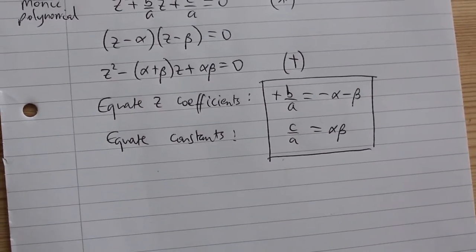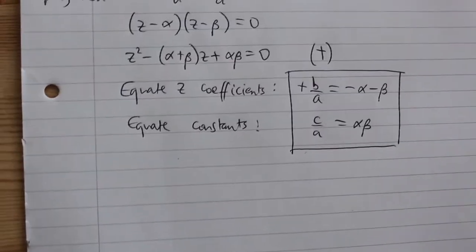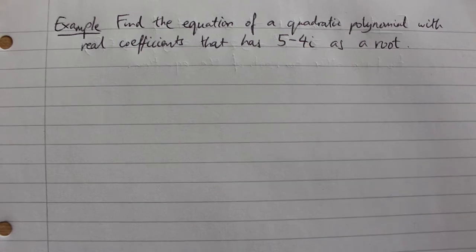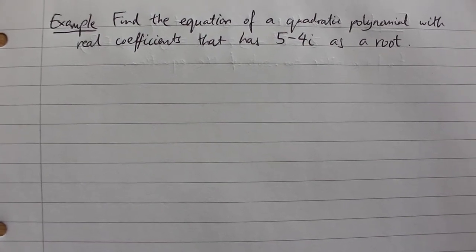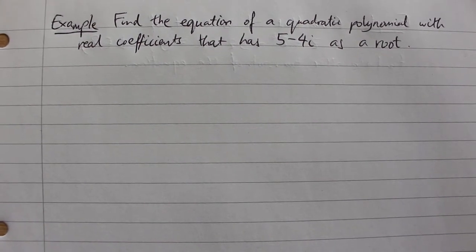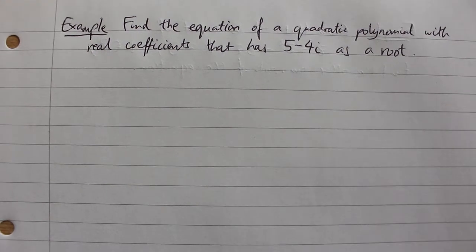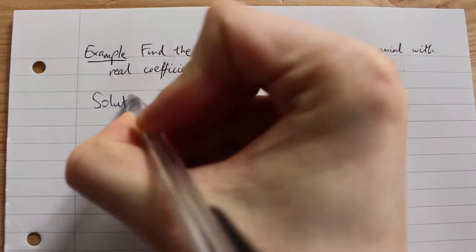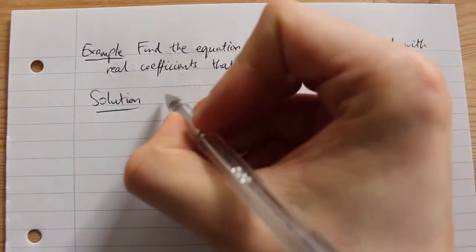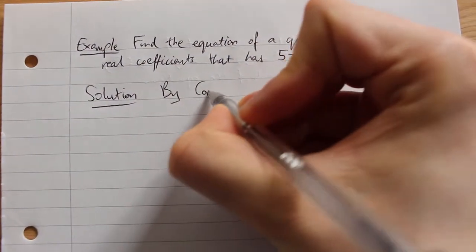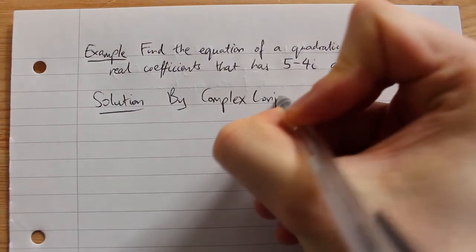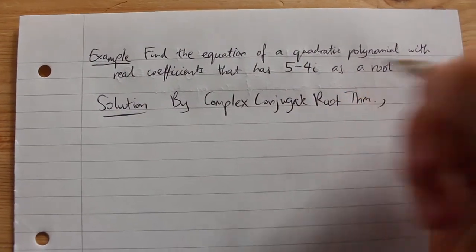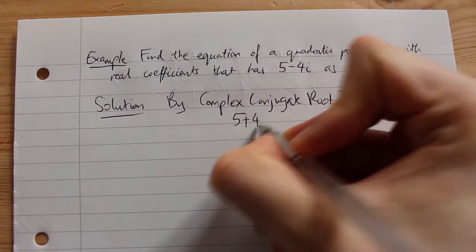The reason they're useful is if you want to do something like, in this example, find the equation of a quadratic polynomial with real coefficients that has 5 minus 4i as a root. We know that if 5 minus 4i is a root, then by the complex conjugate root theorem, we also have that 5 plus 4i is a root.